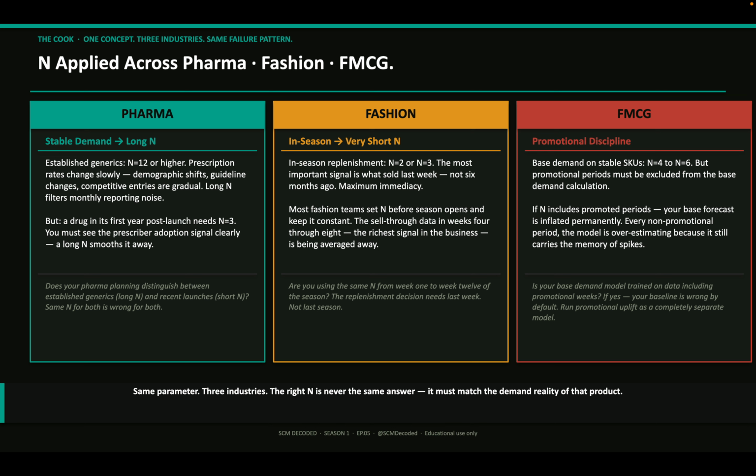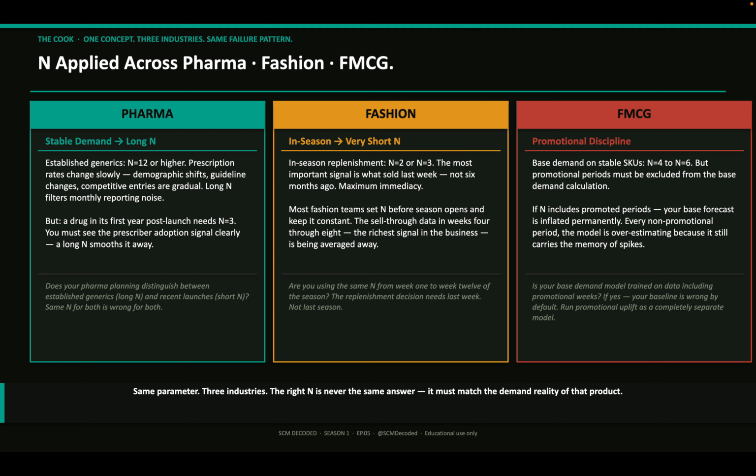In FMCG, the discipline is keeping promotional periods outside the base demand calculation. When promoted periods are included in the base calculation, the underlying forecast is permanently elevated. Every non promoted week, the baseline is elevated above actual underlying demand because the calculation still contains promotional spikes in its average. So here what you have to do is exclude promoted weeks from your moving average for base demand.